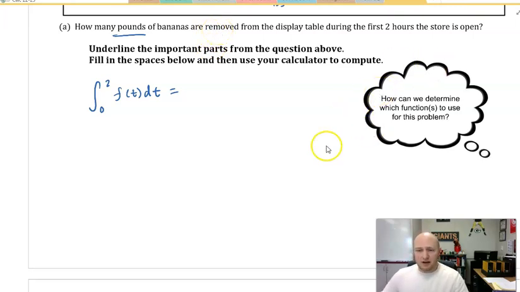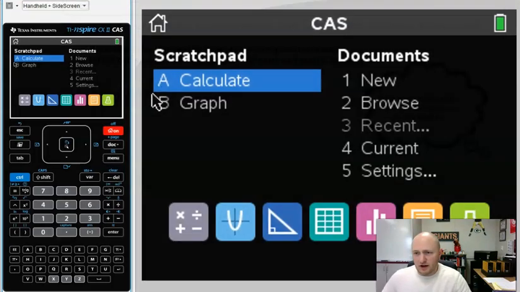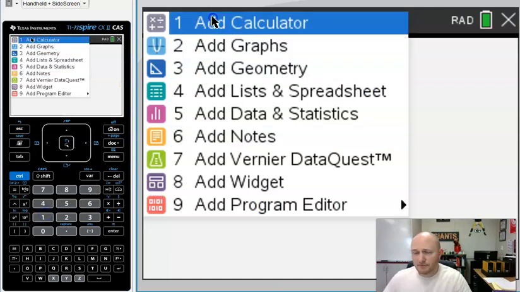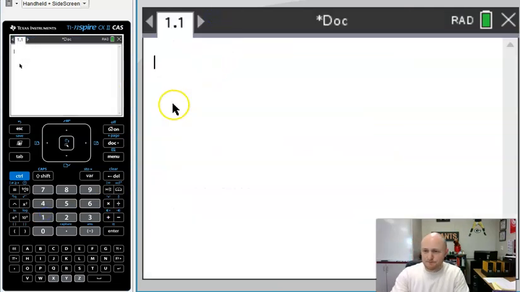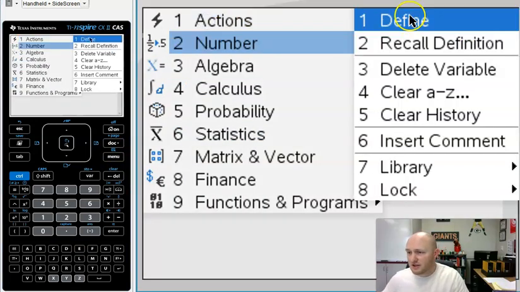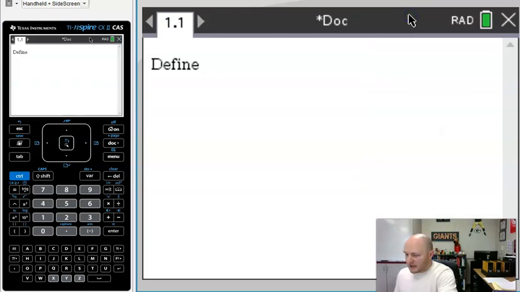So this is a calculator question. Never compute an integral or a derivative by hand on a calculator FRQ. Have your calculator do that for you. So I'm going to open up my calculator. I'm going to go to a new document, add a calculator, and the first thing I'm going to do on these is you want to go ahead and define. So menu, actions, define, and what we're going to do here is define our function.